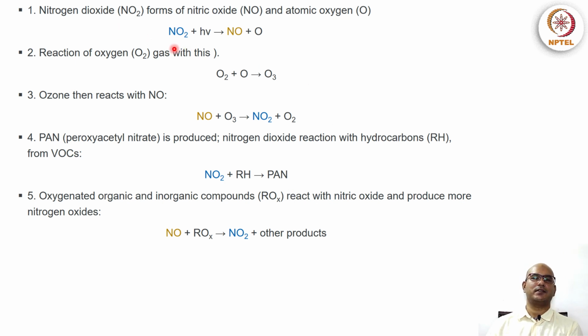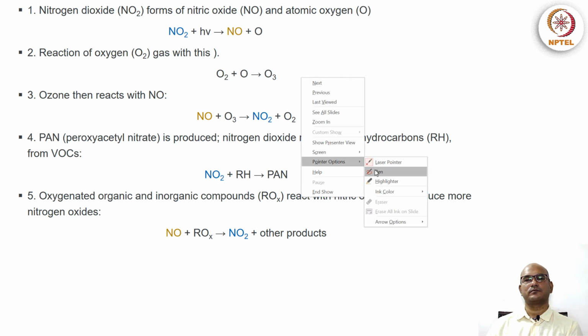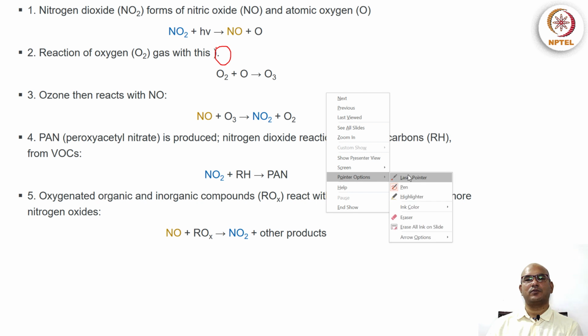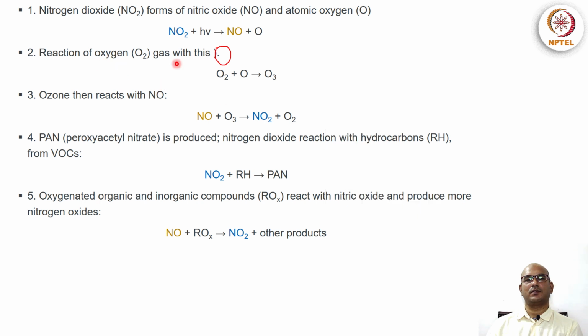Here we have one case where NO2 leads to NO plus O. This O reacts with O2 to give O3. Now ozone can react with NO and form NO2 again and give oxygen, and this can keep on happening.